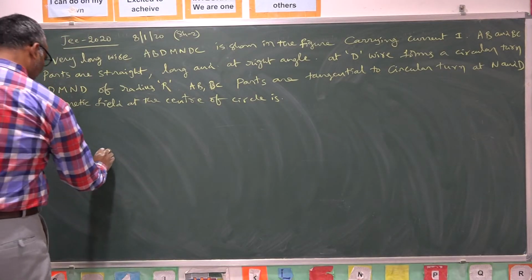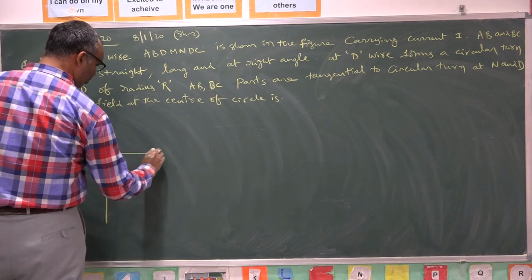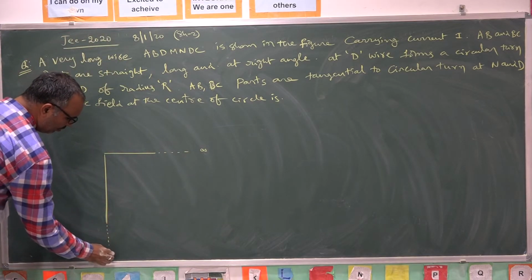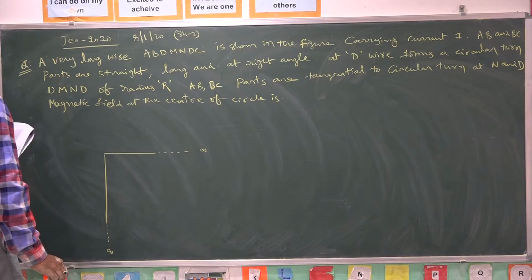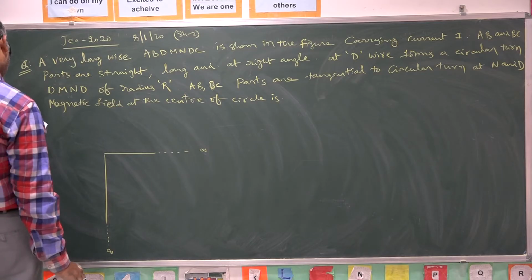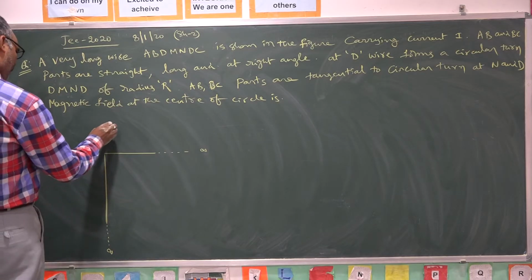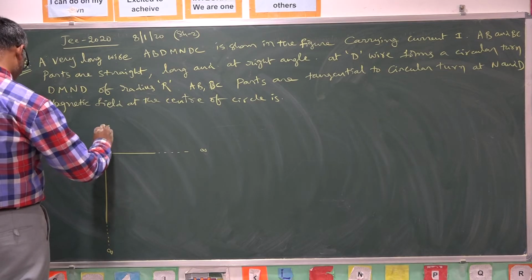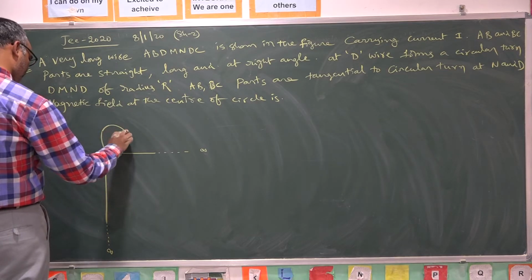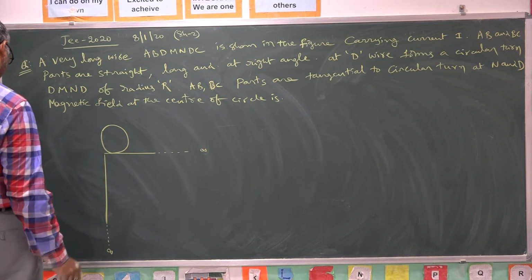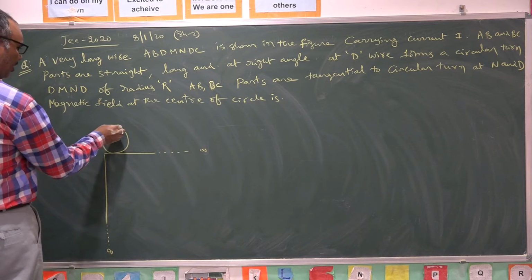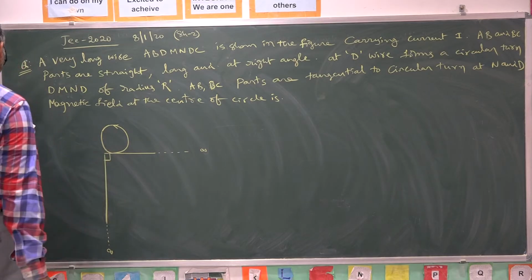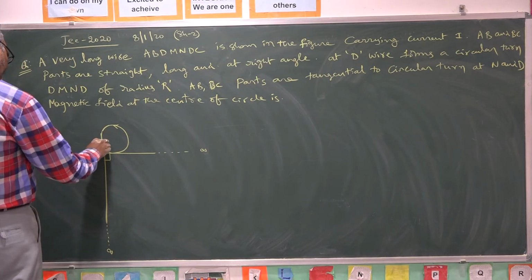The diagram is like this. This is extended up to infinity. This is also extended up to infinity. Here they gave a circle like this, carrying current like this. It is right angle, and they joined like this.